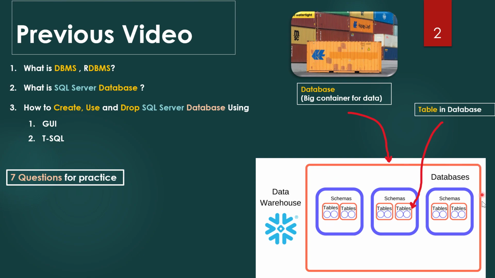The box in orange color is the database. Inside that, you see the schema, and inside that, you see tables. The schema we don't have to worry about right now.